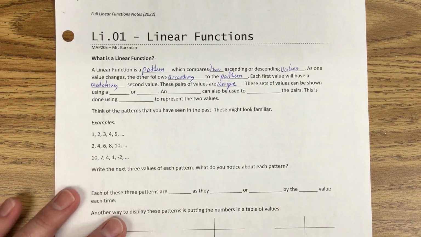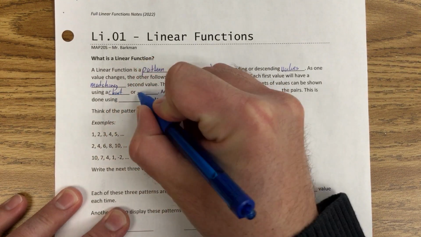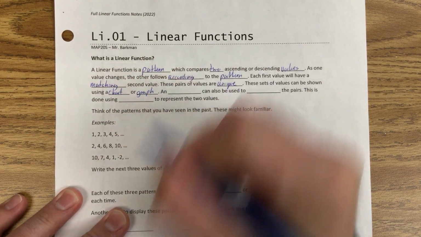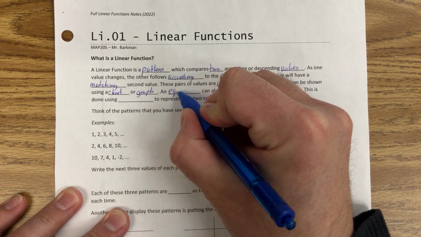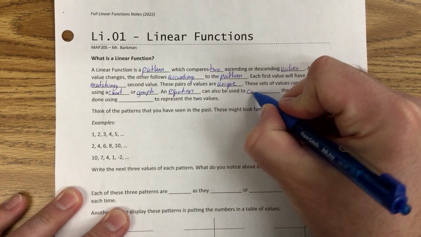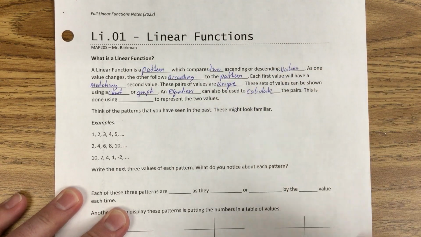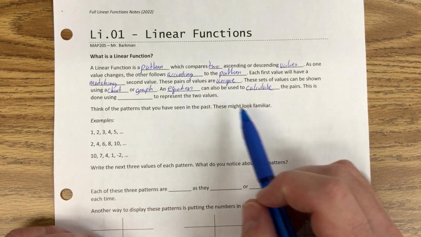These sets of values can be shown using a chart or a graph, and an equation can also be used to calculate the pairs. Okay, depending on how far we want to go up, we can use an equation to calculate the pairs.